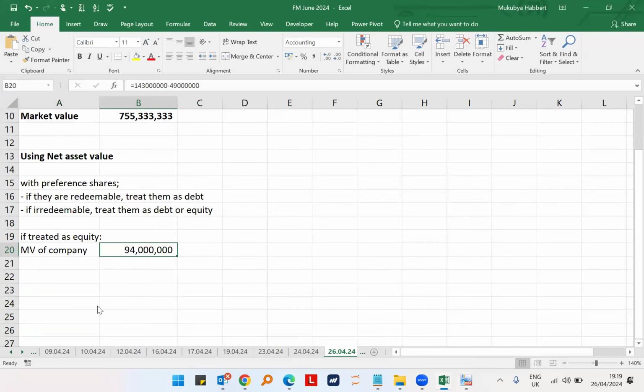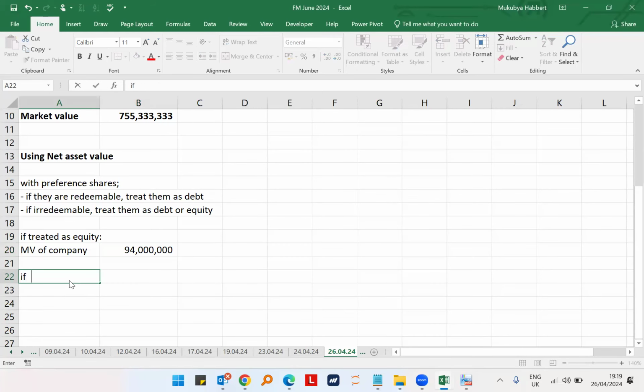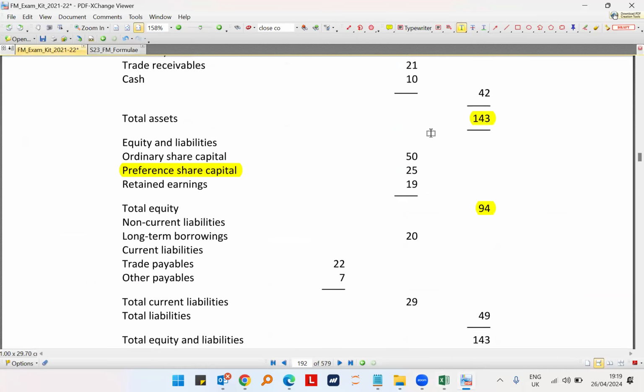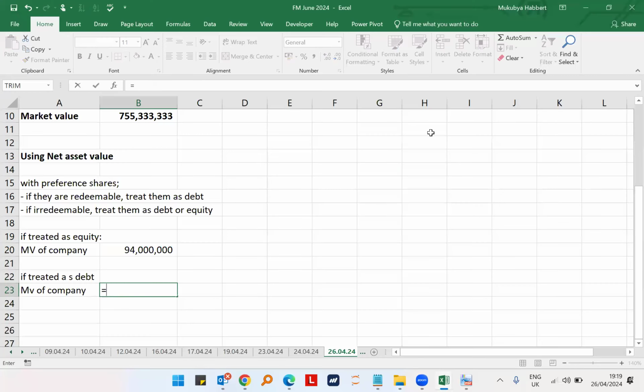But if you treat them as debt, then market value of company is going to be, so you still have total assets, 143, then minus total liabilities.